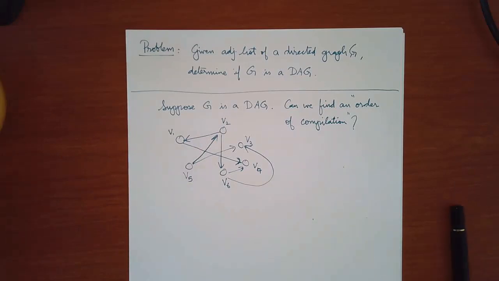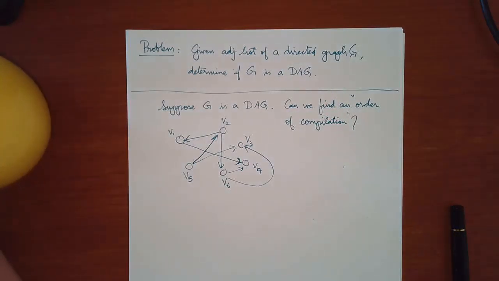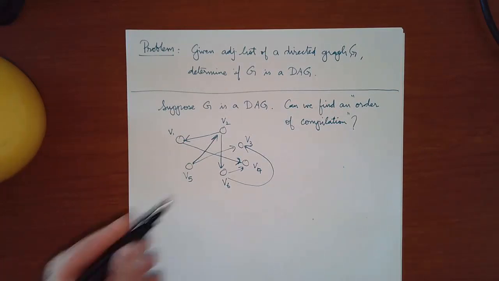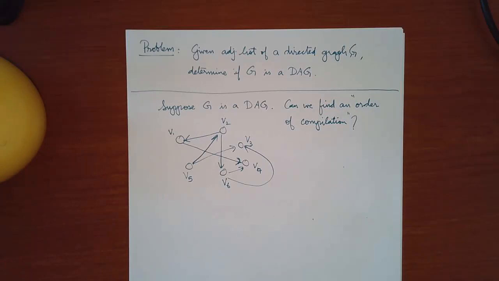Yes. Is this a DAG? Right, it is. It is a DAG. What you'd like is an order to compile the code. So what would be an order in which you could compile this code?